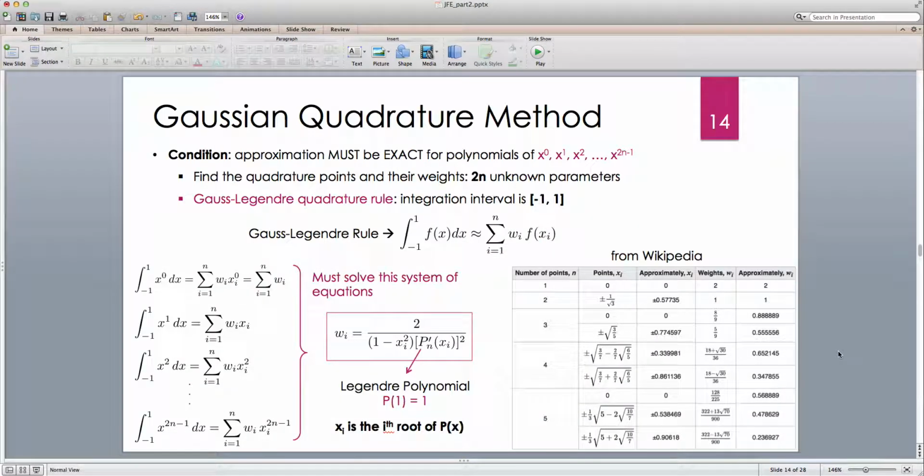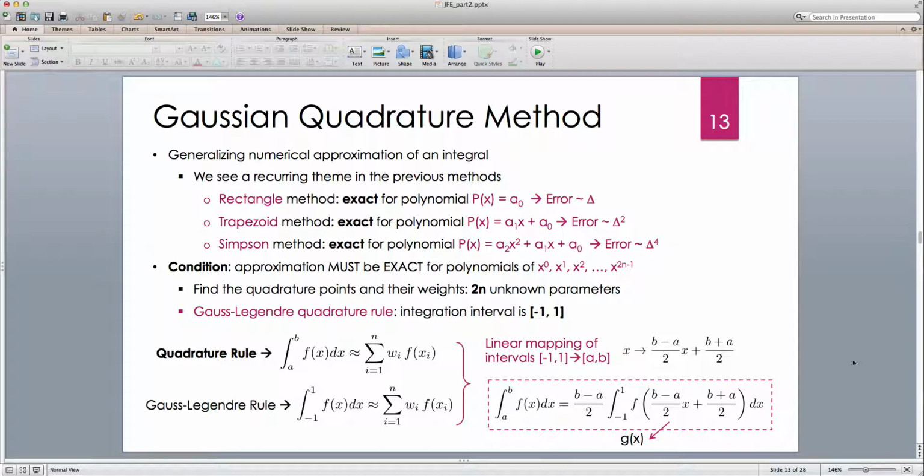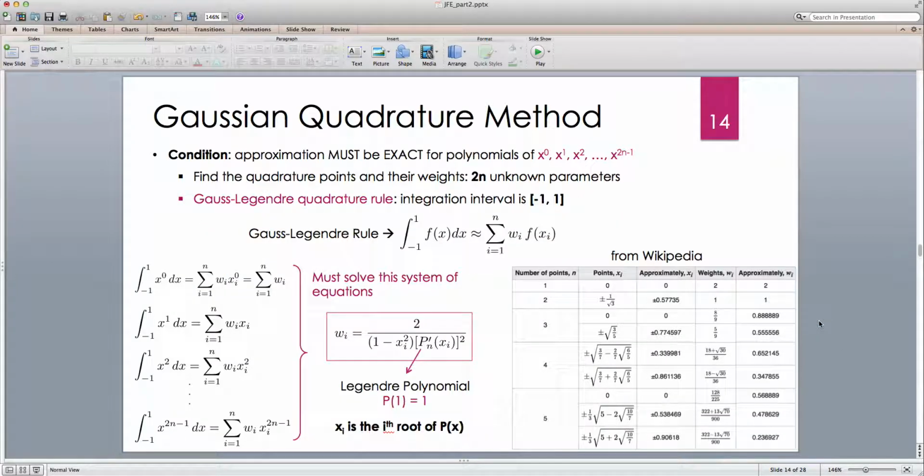And now the question is, first of all, in order to do this, we have to find the wi's and xi's, right? And the way we find them, again, we form a set of 2n equations based on the condition that we need to get the exact result.